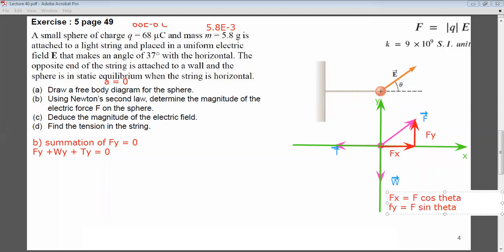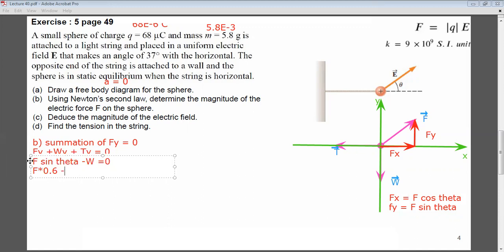So I come here, Fy is F sine theta plus Wy, it is minus W, plus T, which is along the x-axis, so there is nothing. So now F is my unknown times sine 37, which is 0.601, minus W equals 0.